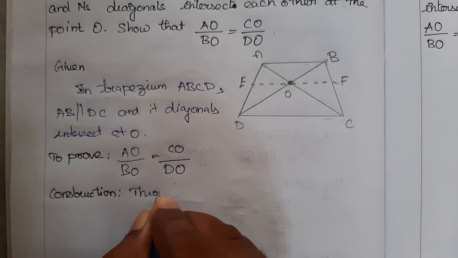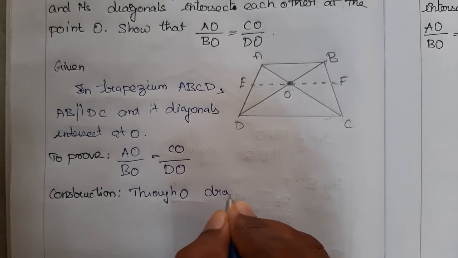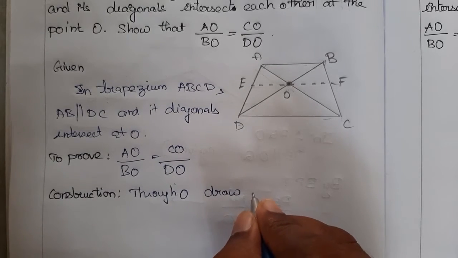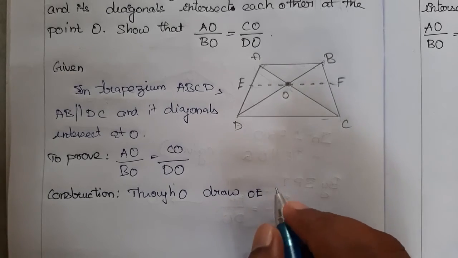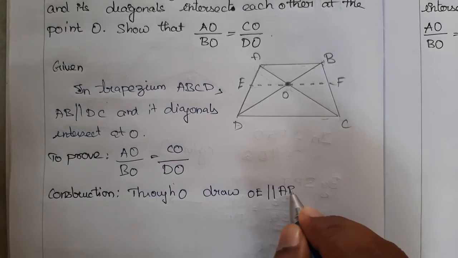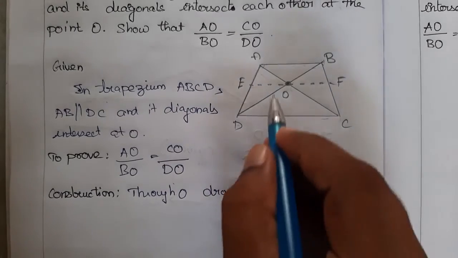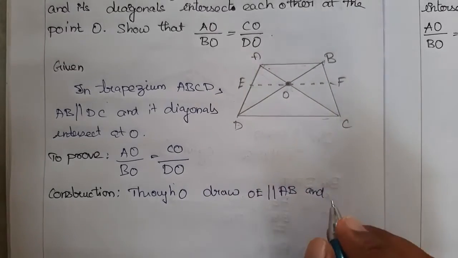Through O, draw OE parallel to AB, and also that is parallel to DC, because if AB is parallel to DC, right?